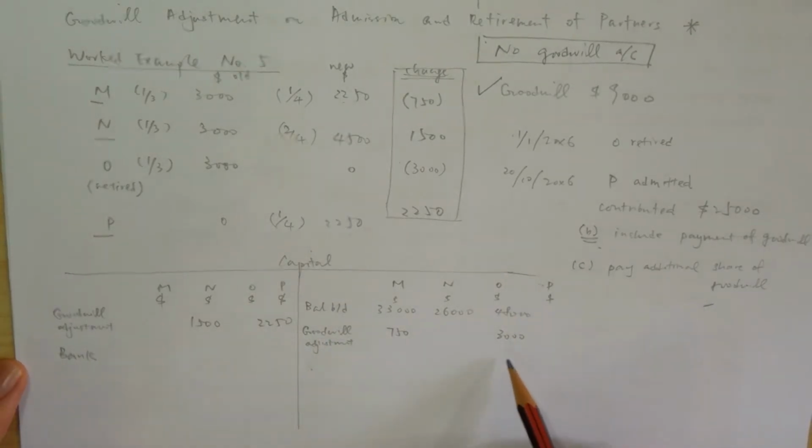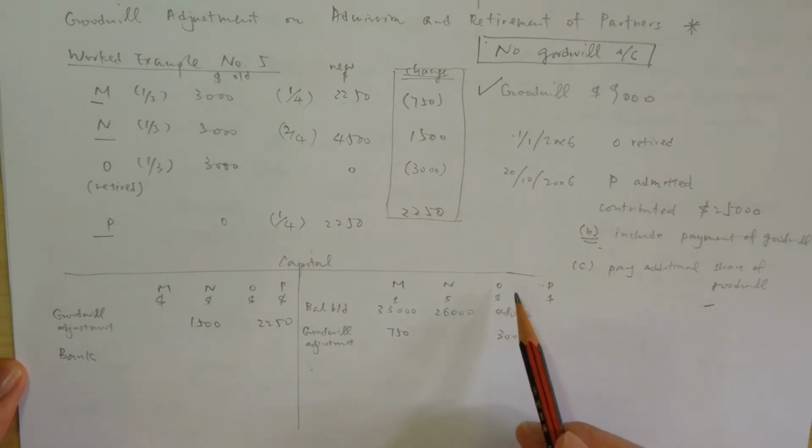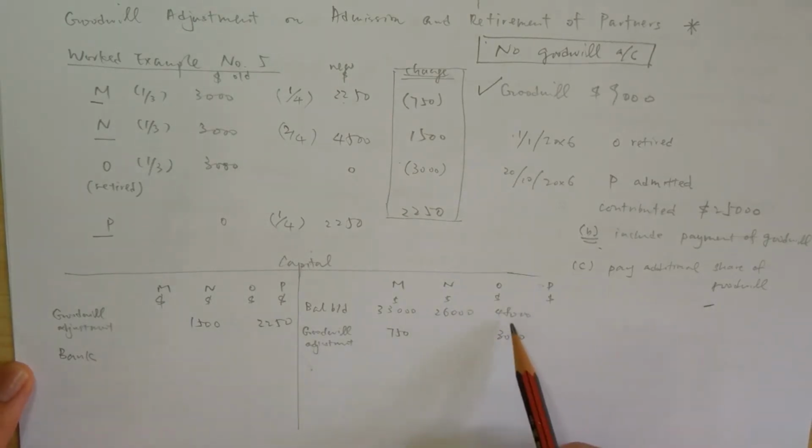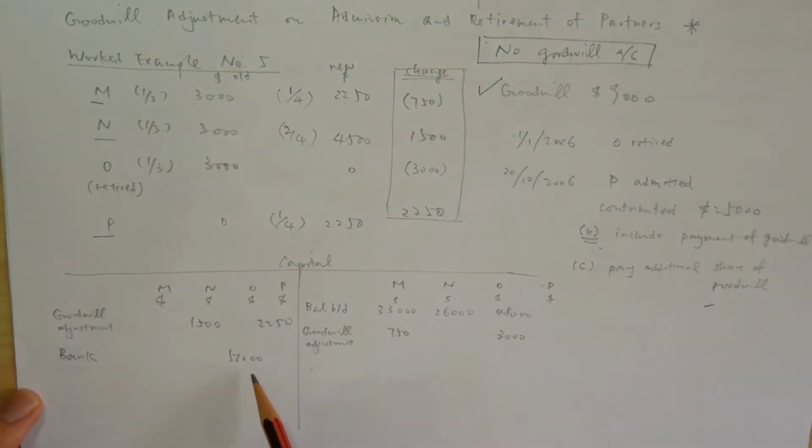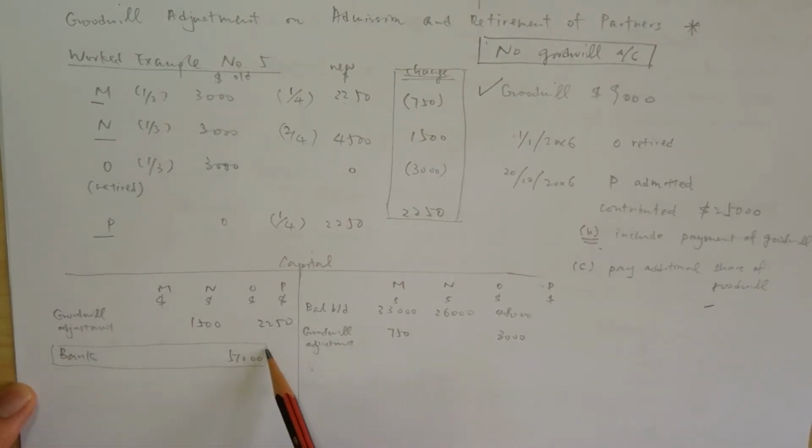Let's see O's total balance will be 48,000 plus 3,000. Therefore, the payback to O is 51,000. This is what we pay back to O on his retirement.